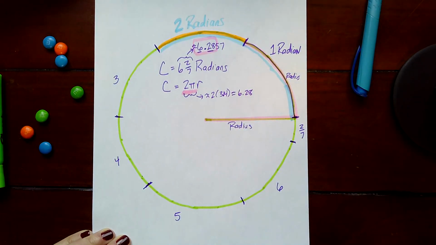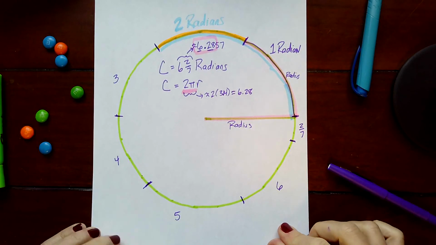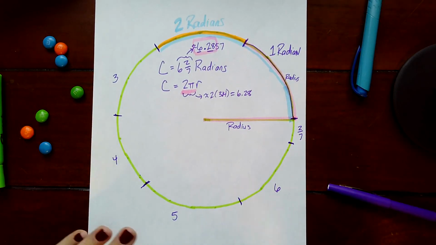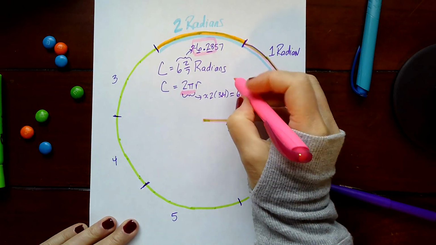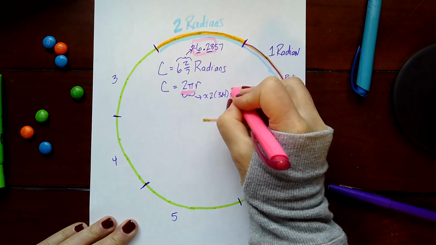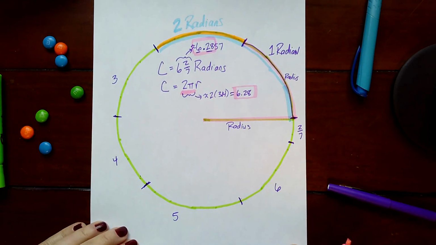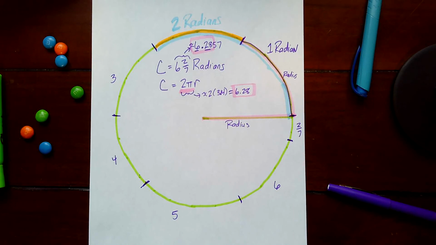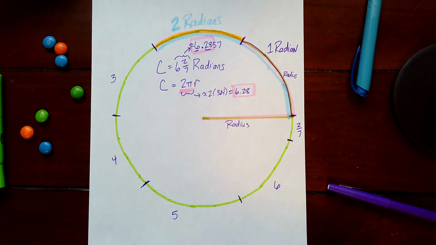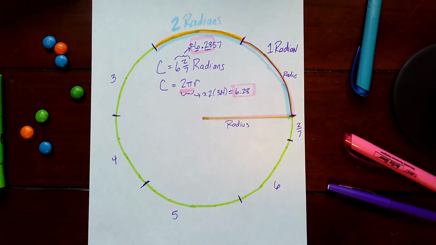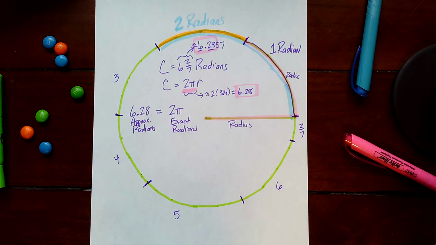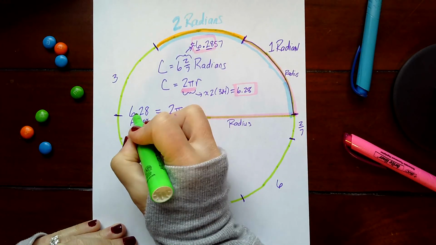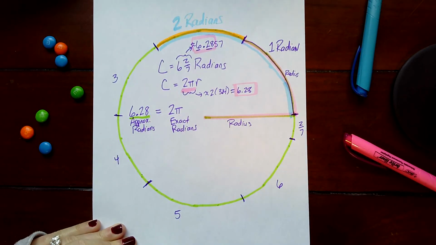So what we're noticing here is there's a connection. The radius length went around 6.28 times, and the number 2 pi, when we round, gives 6.28. So what we've discovered is that the approximate 6.28 radians is exactly the same thing as 2 pi. Again, it took the radius 6.28 times to go around the circle.